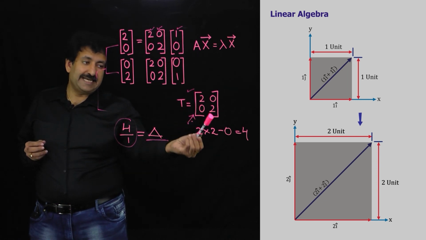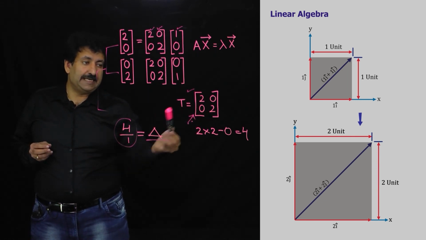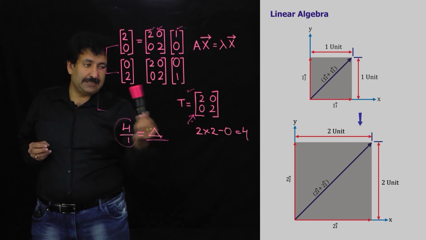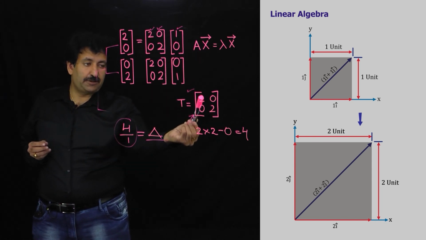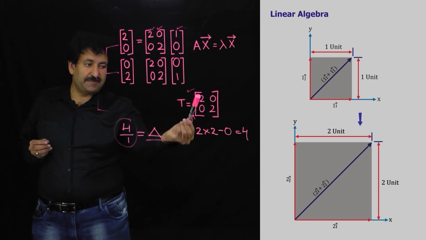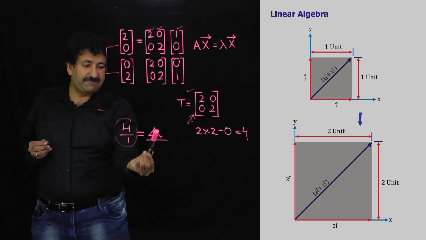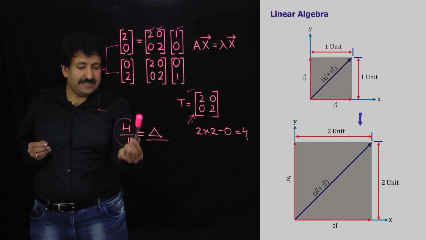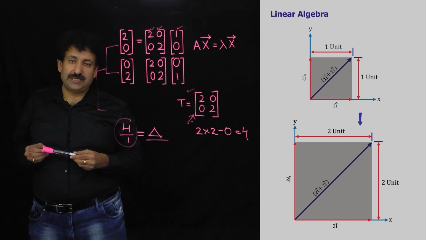That means the scaling would have been a generalized scaling. That means instead of 2, 2 you could have had n, and in that case also the determinant is nothing but n square, which could have been the scaling factor. So let's continue.